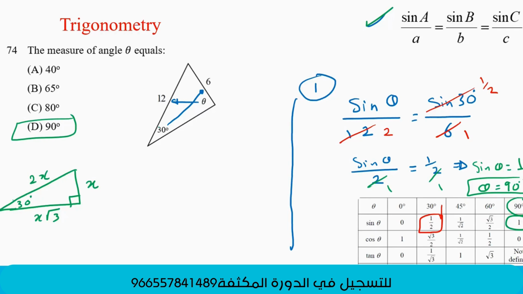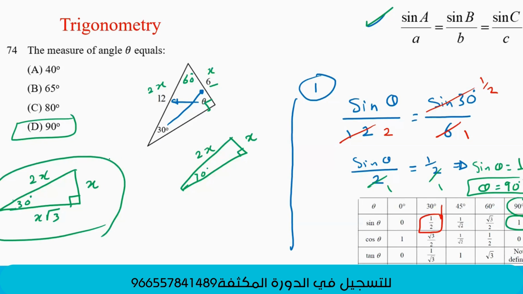So this is 30, this is x, and this is 2x. So in this case, this is going to be 60, isn't it? So this is 30, this is 2x, this is x. So there is only one choice for theta to be 90. So theta has to be 90. If you know this one, you can see it is the same as this one.